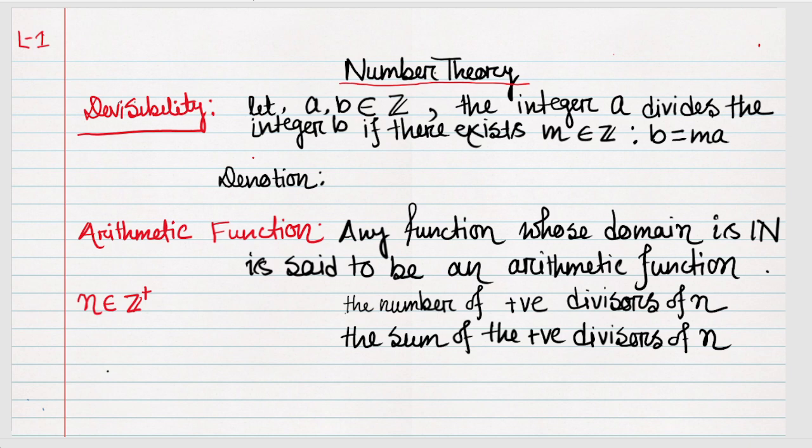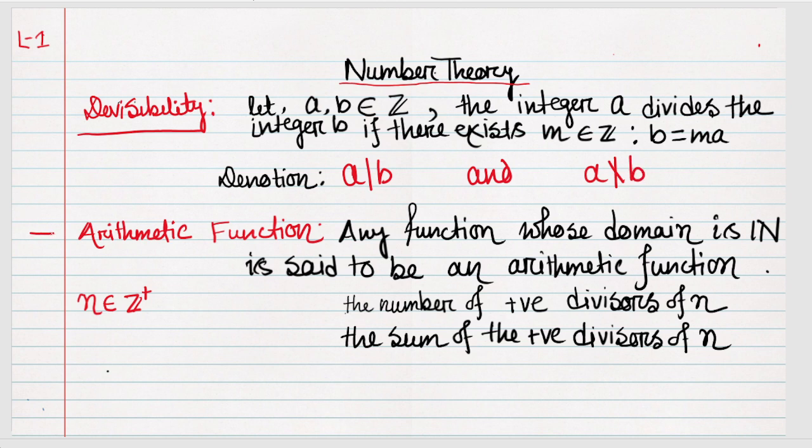That means if a and b are two integers, then the integer a divides the integer b if there exists m, which is also an integer, such that b equals ma. We can denote it in the form a divides b, and if not, then the negation of this one is this.